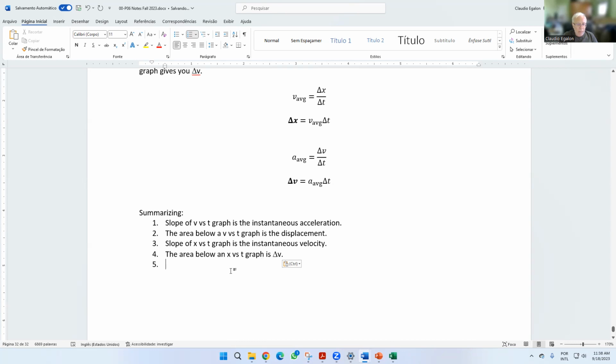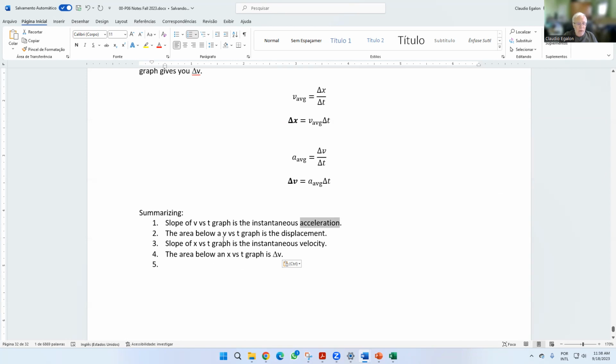The slope goes up. Okay, v versus t. Delta x is the displacement. Just remember, slope goes up. What do I mean slope goes up? The slope of v versus t is a, the next one in line.